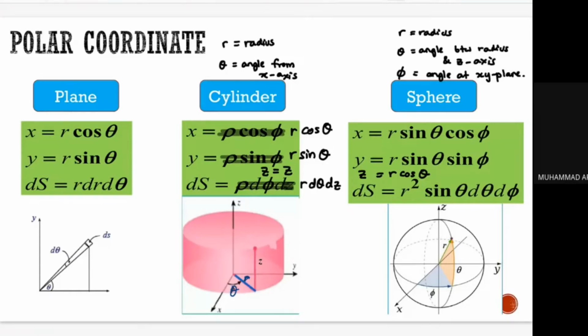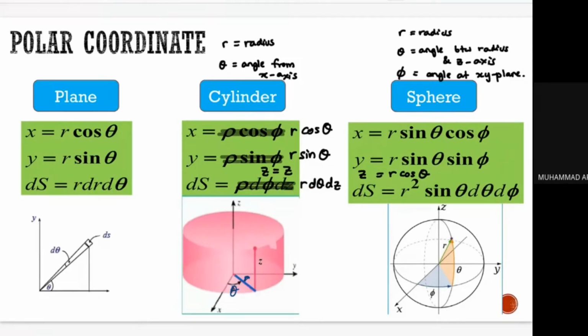Here r is the radius of the circle in the cylinder, and theta is the angle from the x-axis. So your x is r cos theta, your y is r sin theta, your z is equal to z, and your dS is equal to r d theta dz.